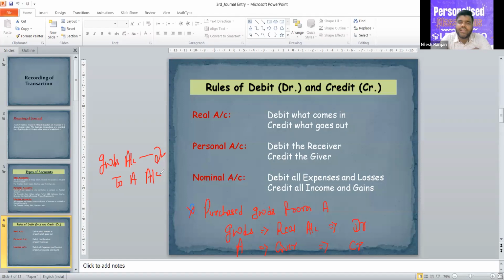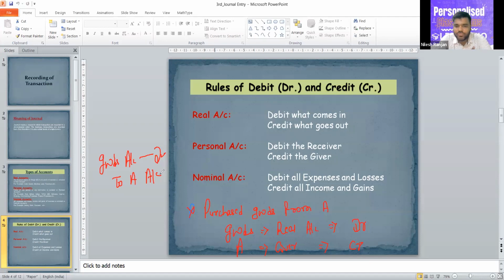And what does debtor mean? People who borrow money from us, not from anyone else.